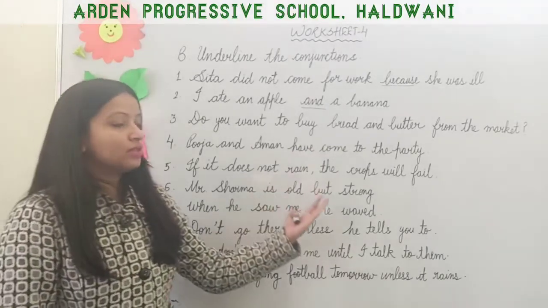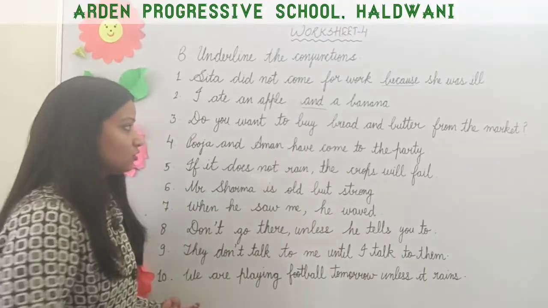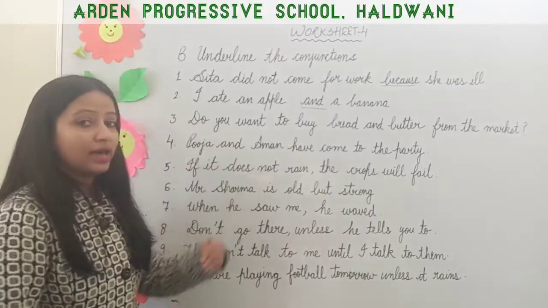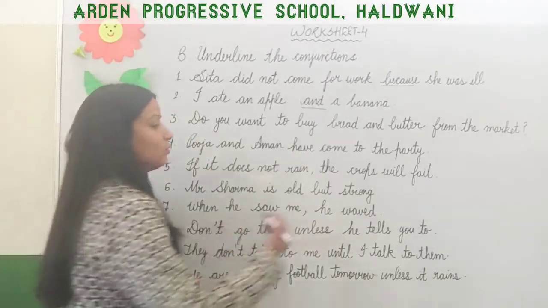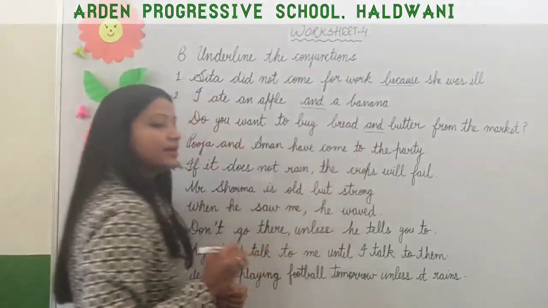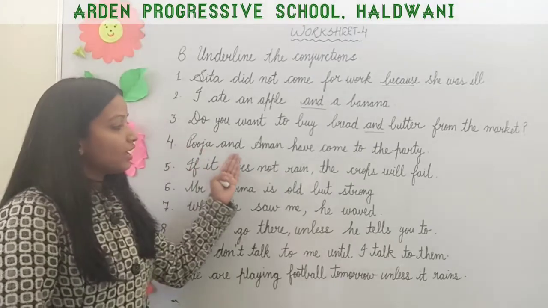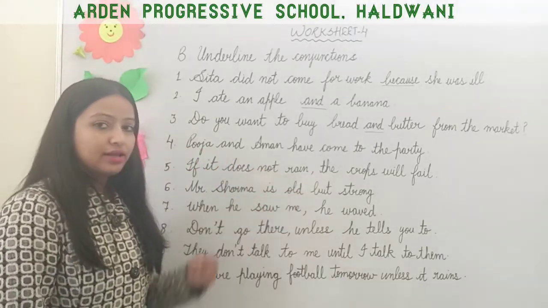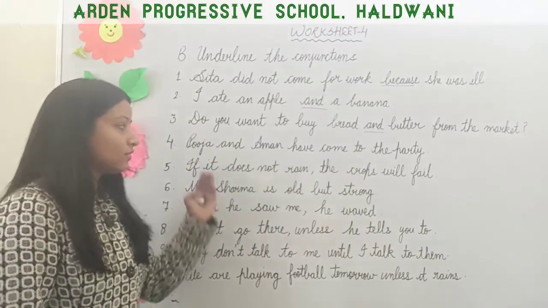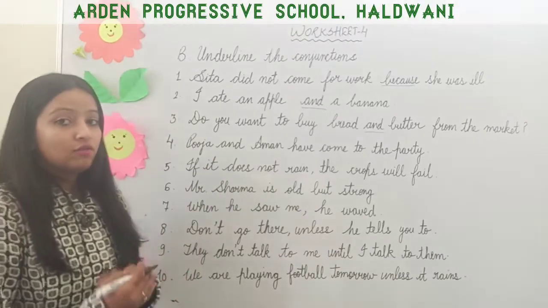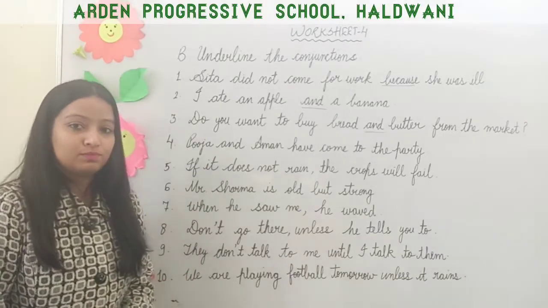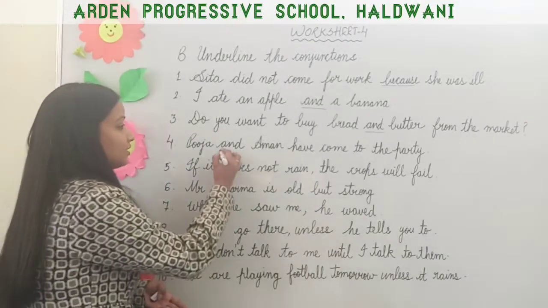Both the things are eatable, and the person is going to buy both. So and is the conjunction here. Pooja and Aman have come to the party. They both have come to the party, so we have written and. For the same ideas we always use and.